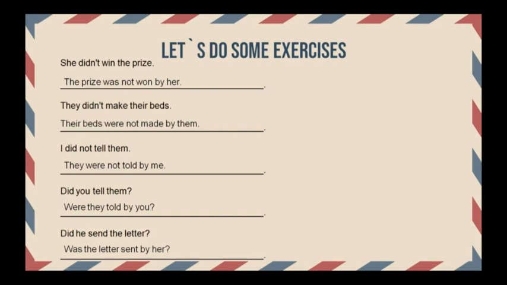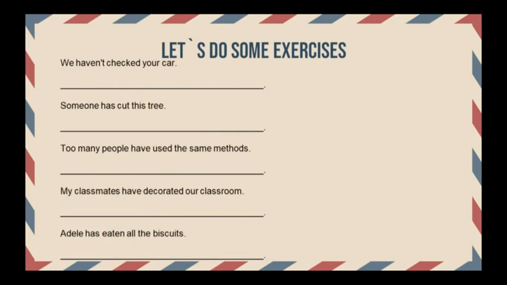Well done. Next. Now we have sentences in present perfect simple. We have to put them in present perfect simple passive voice. So let's start. We haven't checked your car. So we is a subject, haven't checked is a negative form of present perfect simple, and your car is an object.